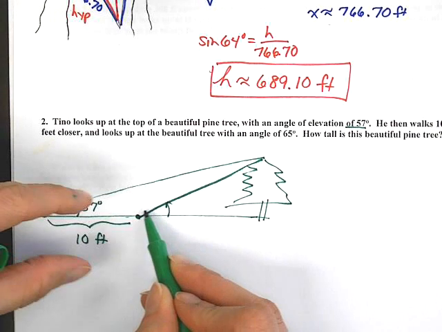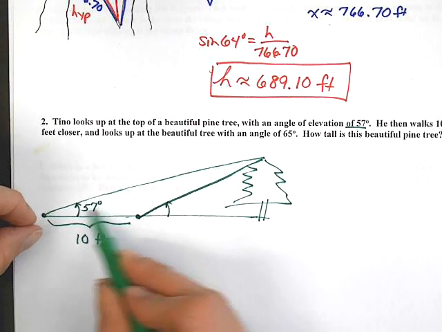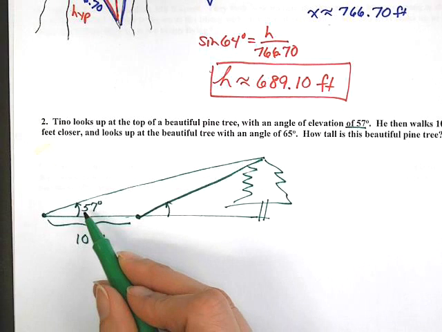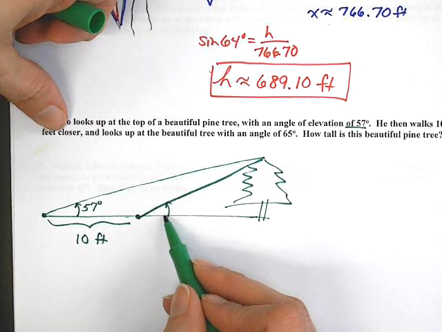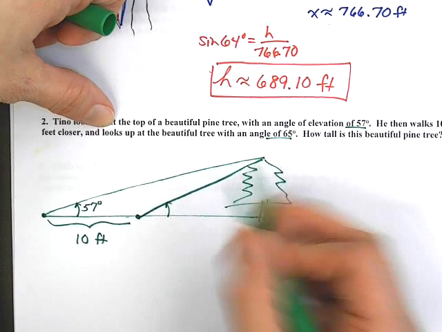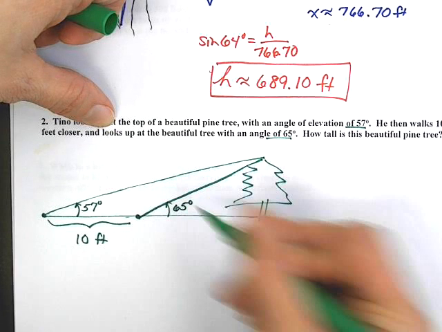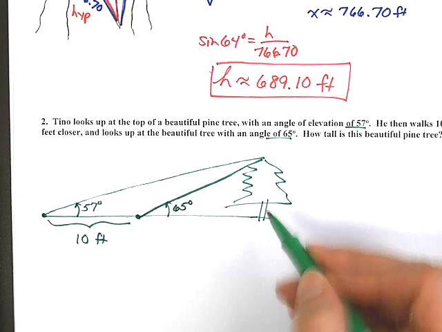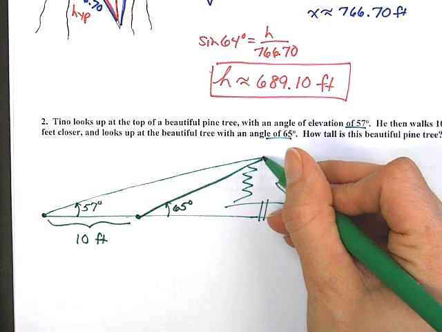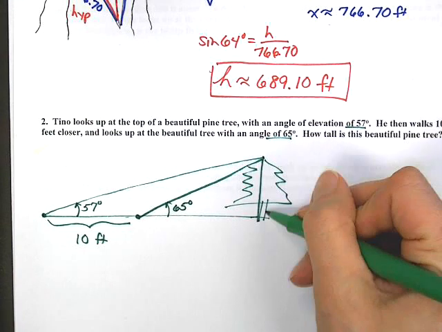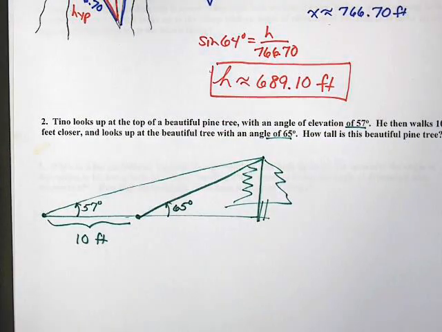But the farther back you sit, the angle that you have to tilt your head should not be as much. So this angle should always be bigger. This angle is 65 degrees, and that makes sense. Okay, how tall is the beautiful pine tree? So what we really want to find here is h.